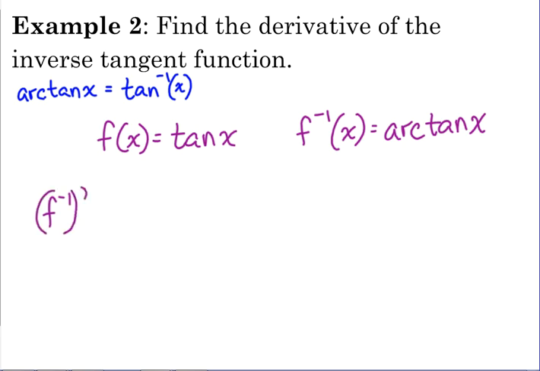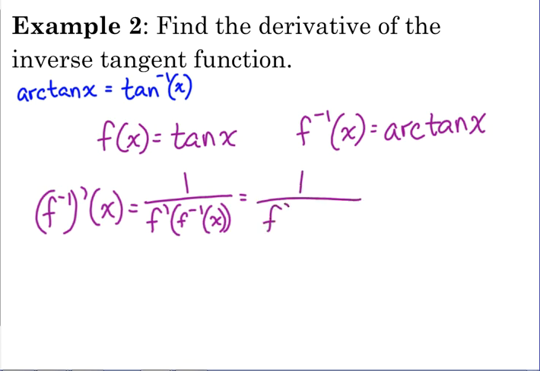All right, so let's try again. The derivative of the inverse is equal to 1 over the derivative composed with the inverse. Our inverse function is the arctangent of x. Now, what is the derivative of f?